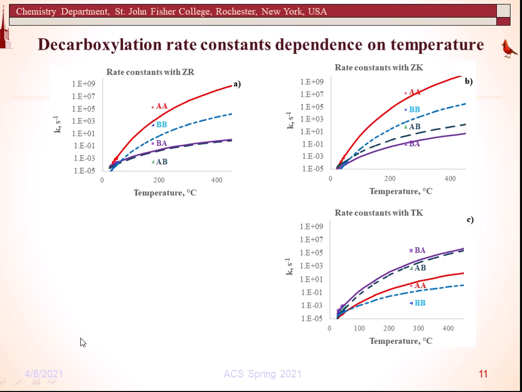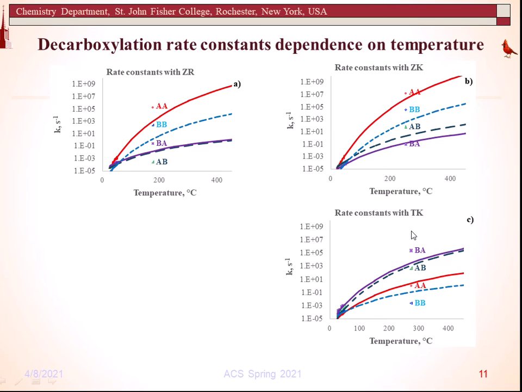You can see this trend better when the rate constant is extrapolated to the temperatures of an industrial process. Symmetrical ketones are produced faster with zirconia catalyst, while unsymmetrical ketones are produced faster with KH treated anatase titania.